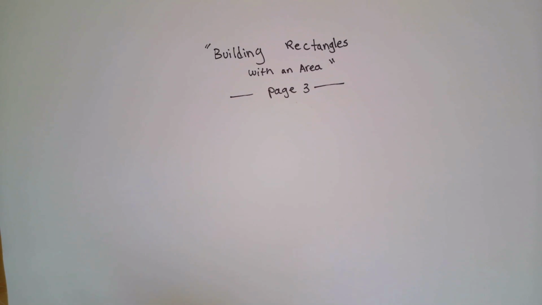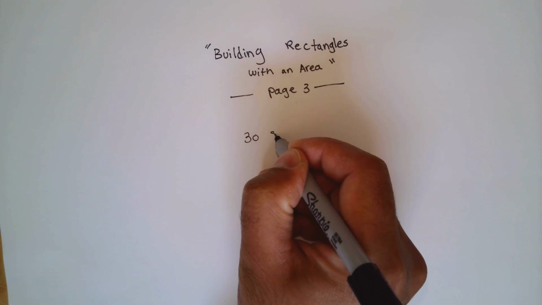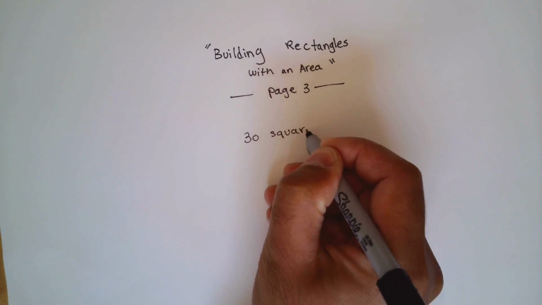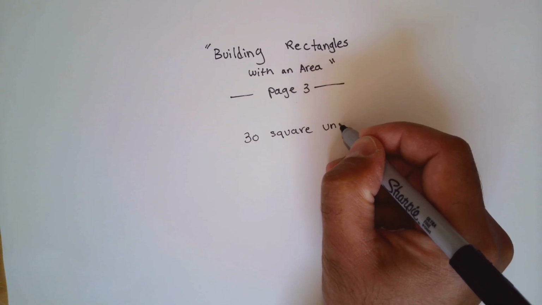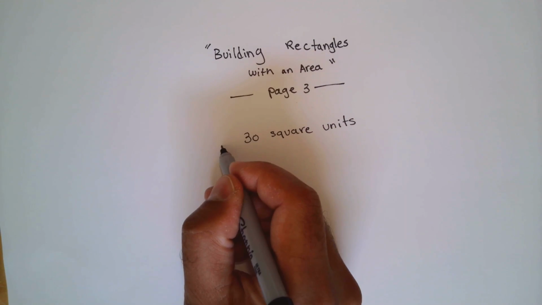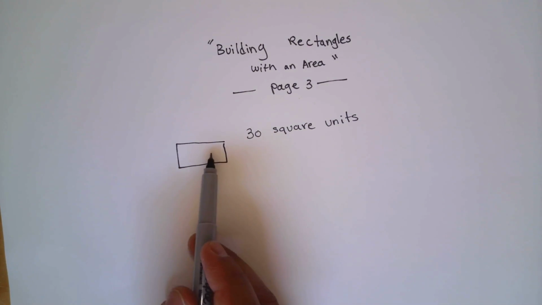Let's do a problem that is different so that way you can still think about the homework. Let's say he wants to build an area of 30 square units, okay? So he wants to build a rectangle, and when we build a rectangle, fourth graders, the area is how much space is in this shape, okay?